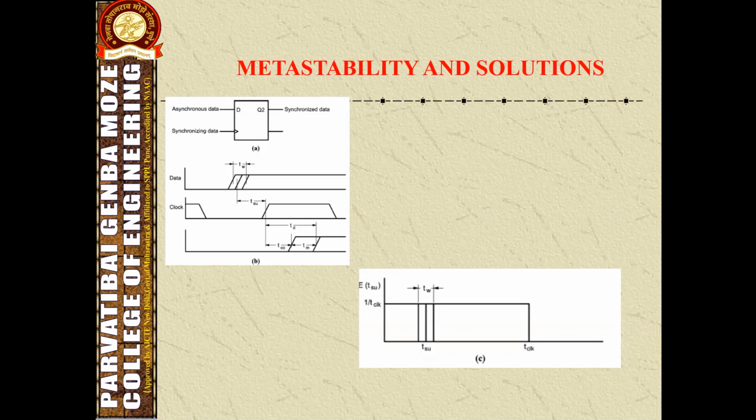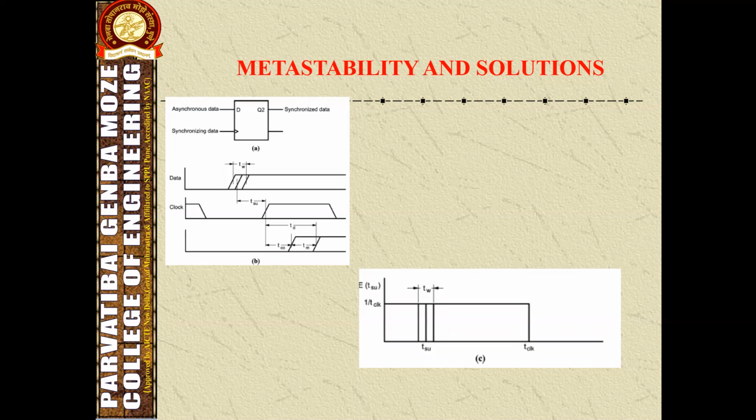The probability density function for actual setup time is unity for one clock period. The probability of one data event to hit the critical window TW is equivalent to the indicated area TW by TCLK.